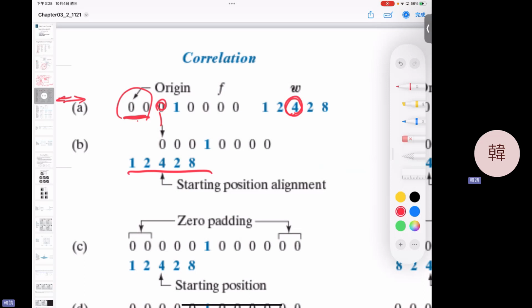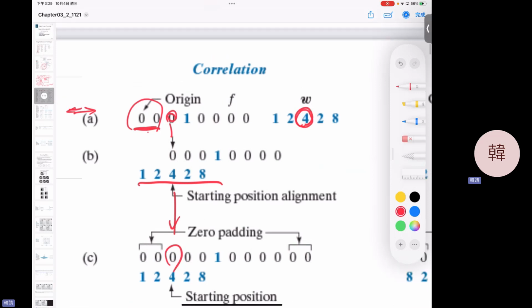At this pixel position, they multiply together: 1 multiply 0, 2 multiply 0, plus 4 multiply 0, 2 0, and 0. So the result is 0 because 0 multiplied by everything will be 0. So the output will be like this, right? So that's the result. If you do nothing, you just multiply corresponding position intensity values, and then sum up together.